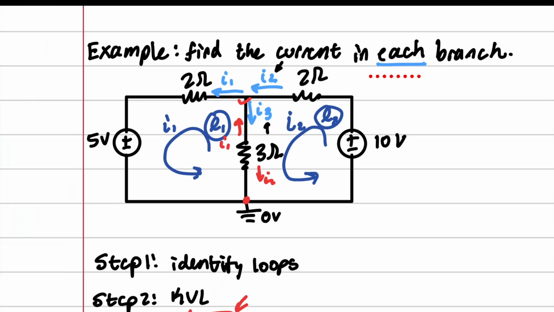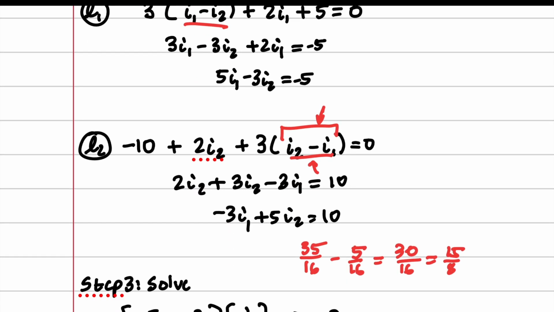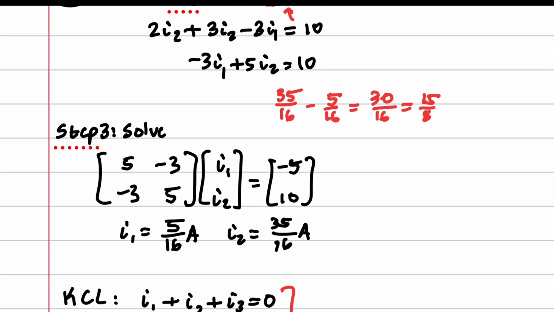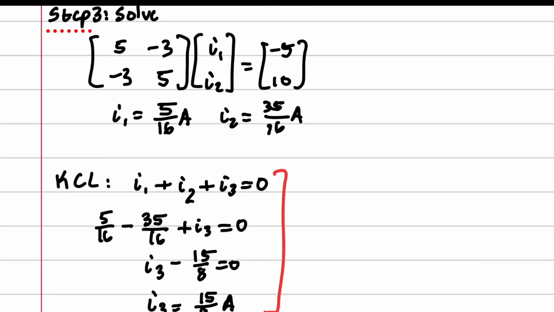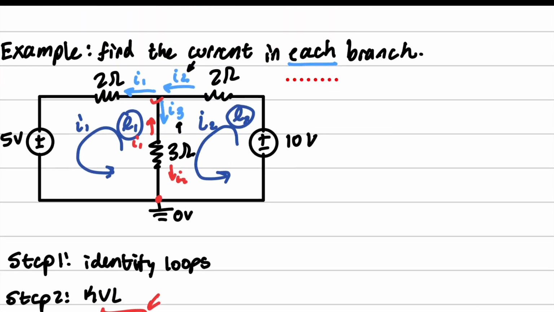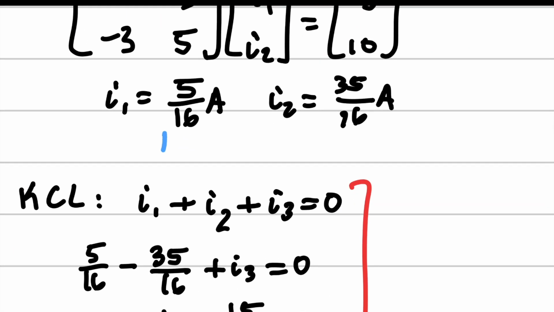Now, I want to emphasize the idea of physical interpretation versus mathematical interpretation. Here we got all positive numbers, okay? But we want to make sure that we note that this guy is going to the left, and this guy, out of node.